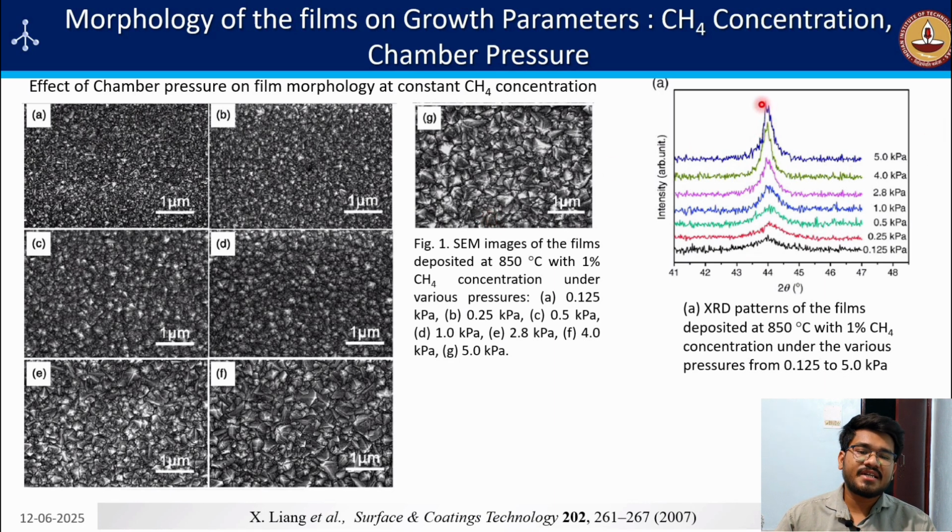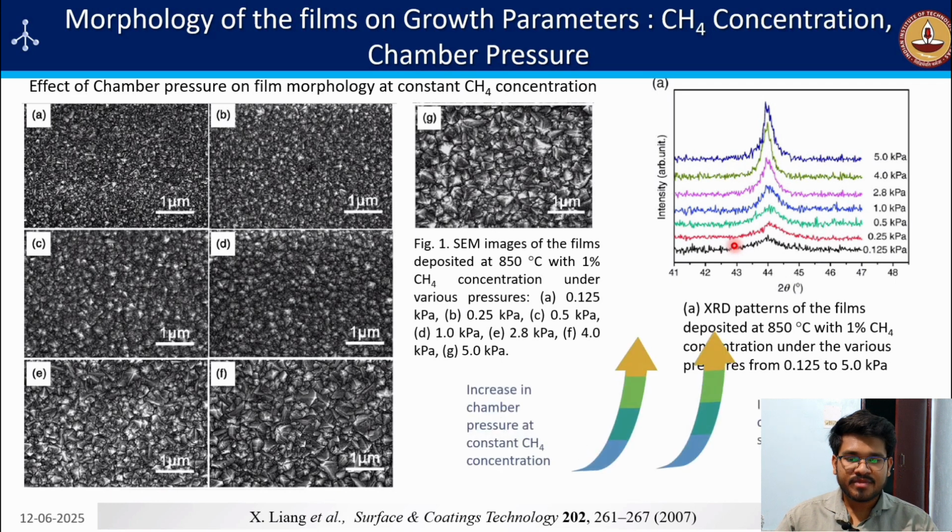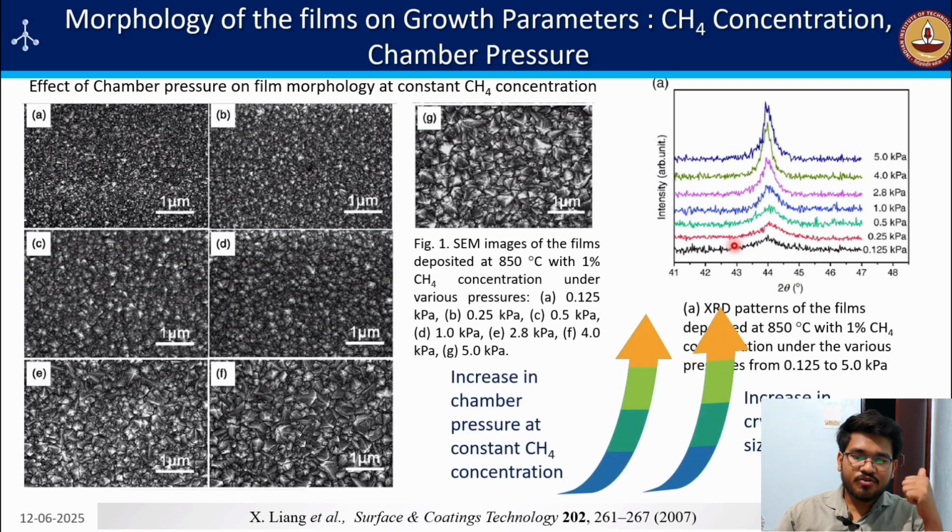If you have a high intensity peak, that means the density of diamond is high. As you go to the nano regime, your X-ray peak broadens, and this indicates nanocrystalline diamond in your sample. So the thumb rule is that if you increase the pressure of the methane, you have a higher granularity, that is, smaller grains in your sample.